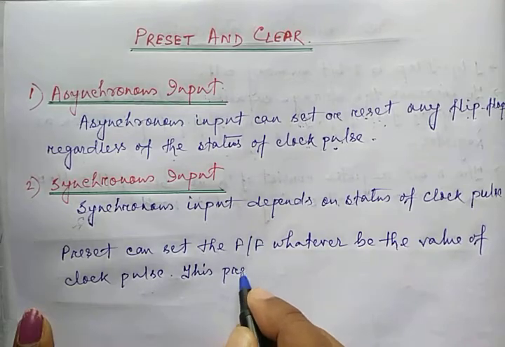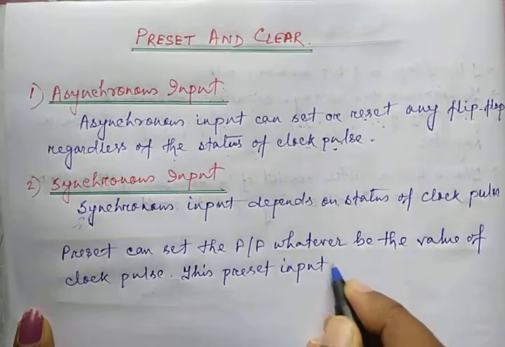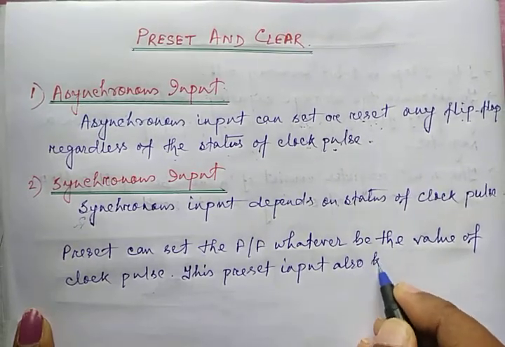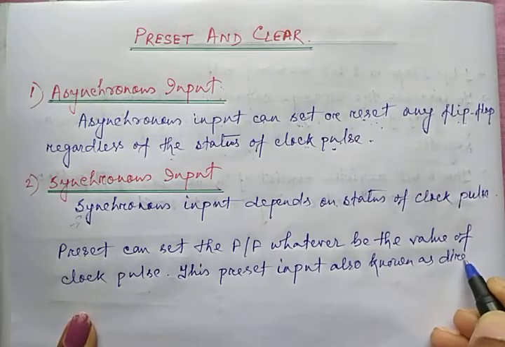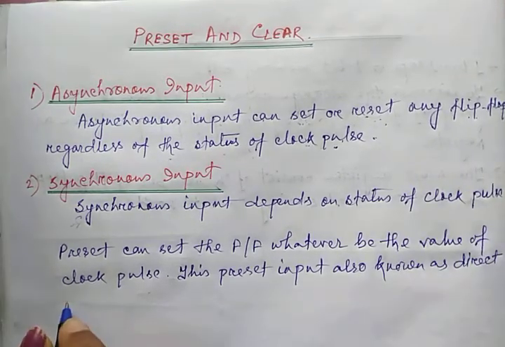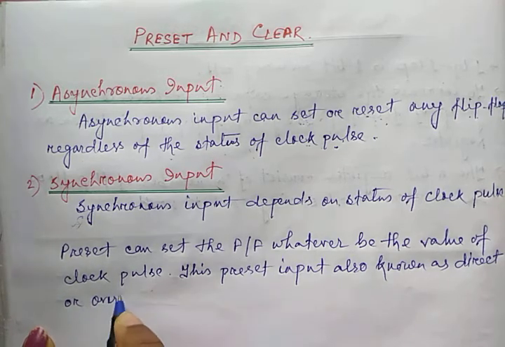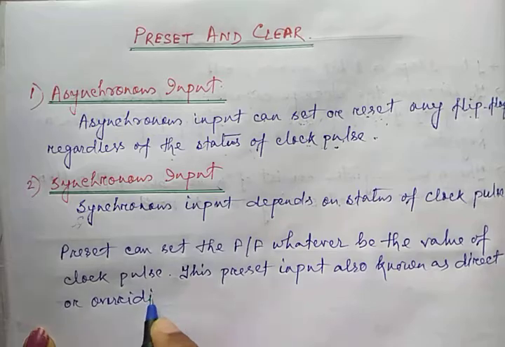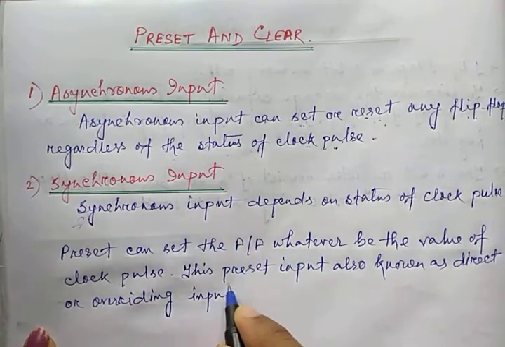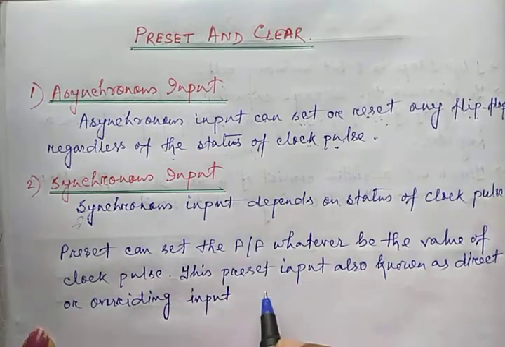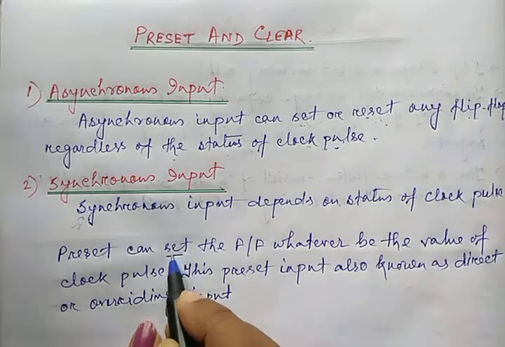This preset input is also known as direct or overriding input. Overriding in that sense, whatever be the value in its other input, it can set the flip-flop.